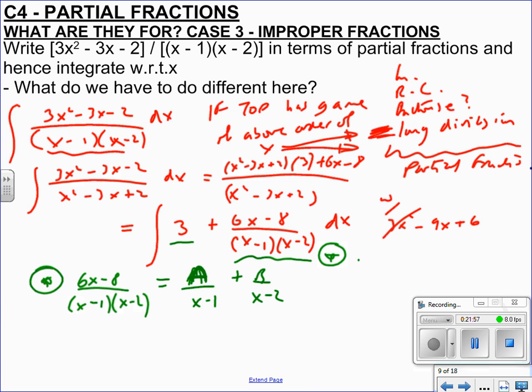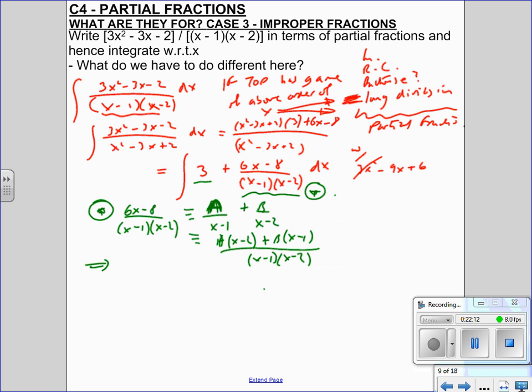So very quickly again, you're making the denominator match the one on the left. So if you were to put them together, you can now say top line is top line, bottom line is bottom line. So 6x take 8 must now be a(x minus 2) plus b(x take 1).